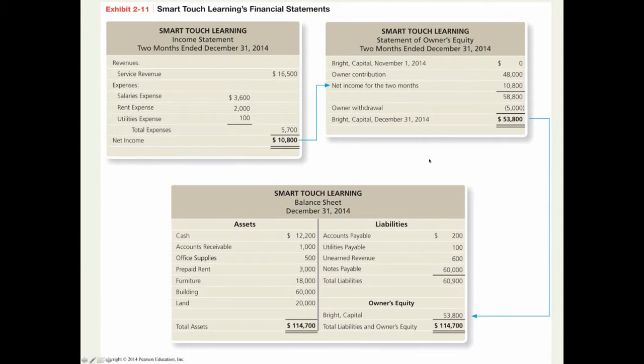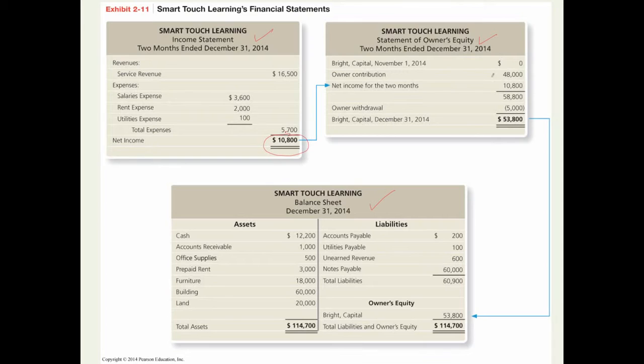And finally, to think about the articulation, and we will summarize with our accounting cycle in a moment. Again, income statement first, statement of owner's equity or stockholders' equity, and then the balance sheet.